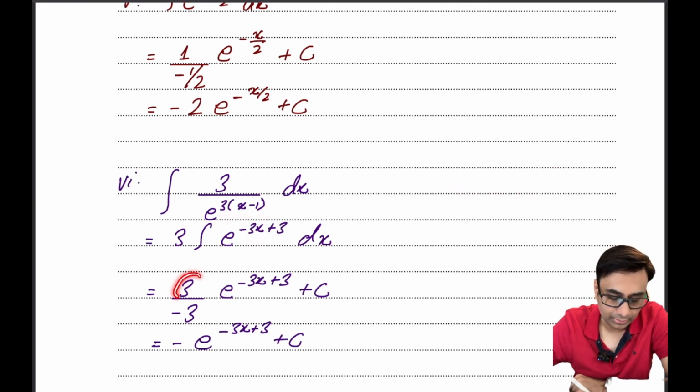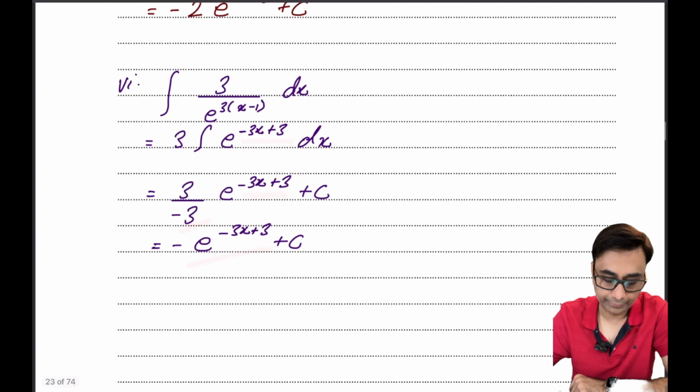So this 3 comes from here. This is that same 3 that I've been copying throughout. But once I'm integrating it, e power minus 3x plus 3 integrates as e power minus 3x plus 3, but I'm going to also have to divide it by minus 3. And then I'll simplify it, and this is going to be my answer.